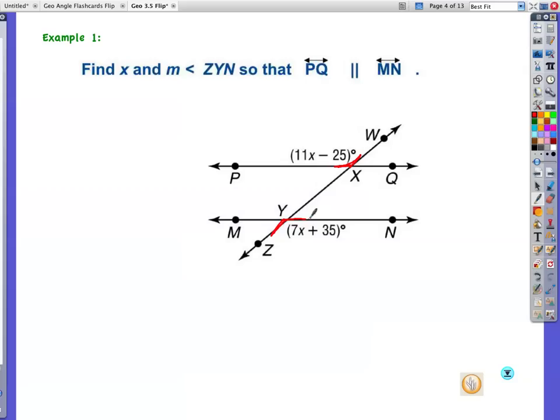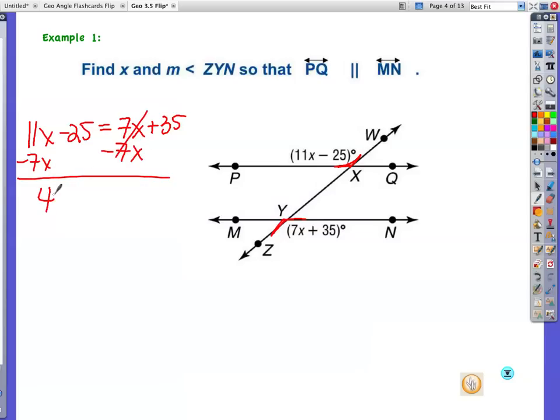So I would write out 11x minus 25 equals 7x plus 35. I subtract 7x from both sides, and now I have 4x minus 25 equals 35. I add 25 to both sides and I get 60. And if I divide both sides by 4, I get 15.